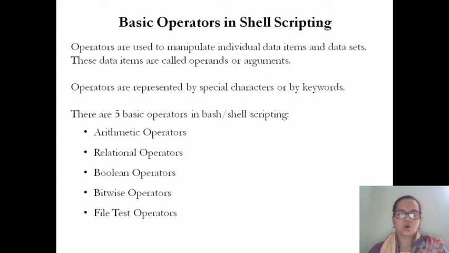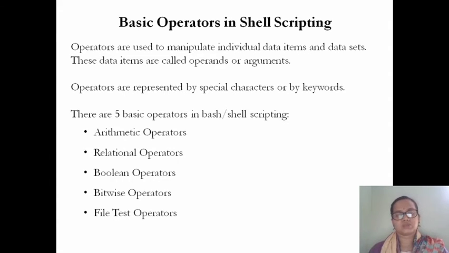So what are all the operators which are available in shell programming? Generally, you will all know about these types of operators. We will just have a refresher class about them. Operator means what? It is used to manipulate individual data items and data sets.